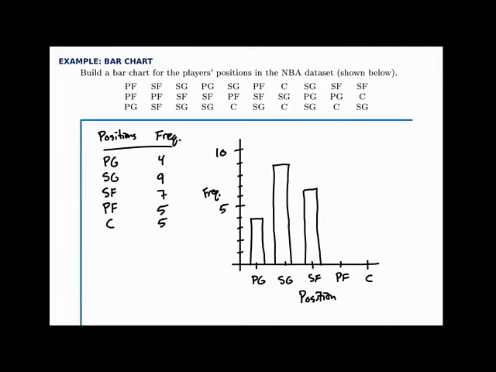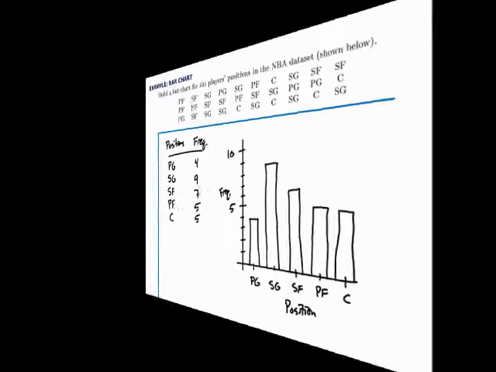And power forwards and centers each have a frequency of 5. So again, we're drawing a bar where the height represents the frequency of that category. But unlike with a histogram, these bars are separated because we're indicating that these are separate categories and there's not a flow from one to the next.